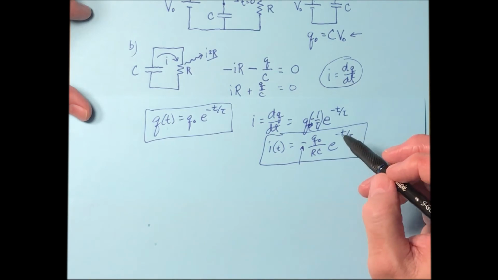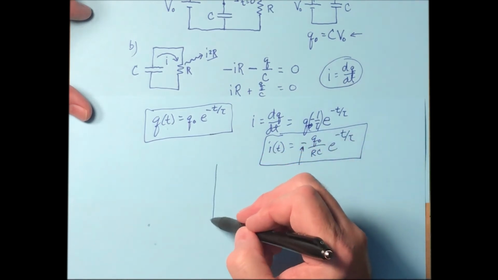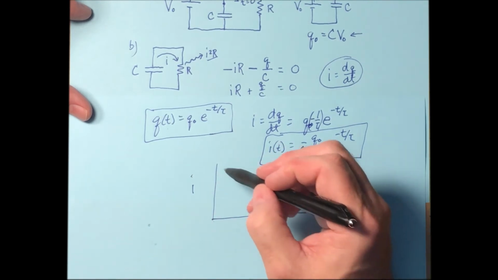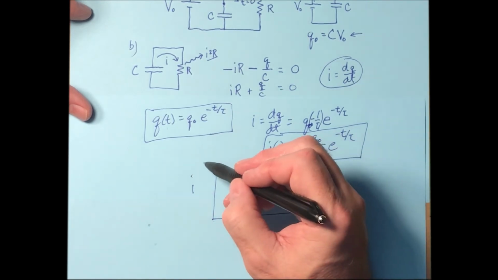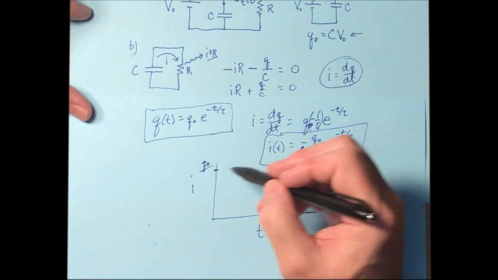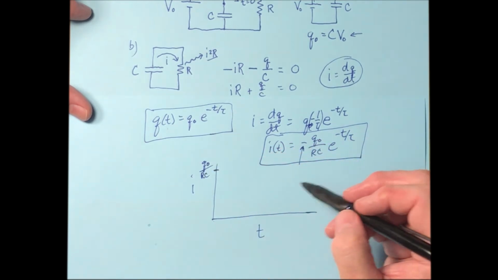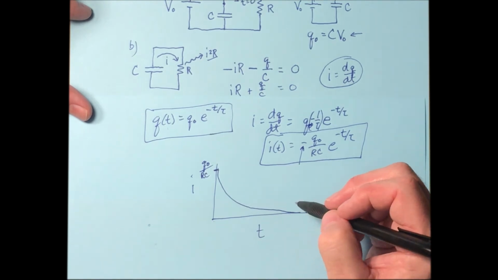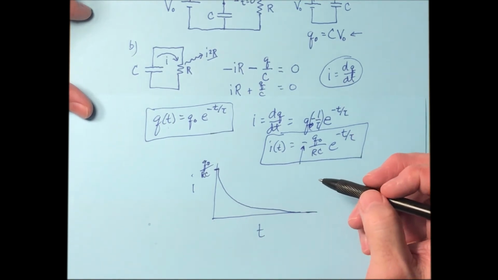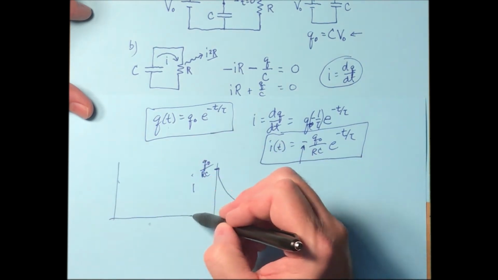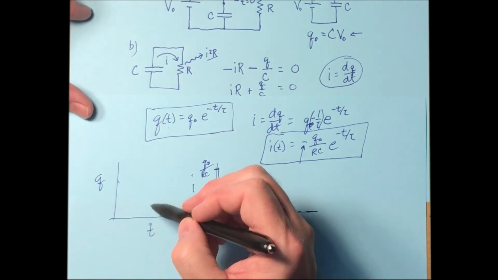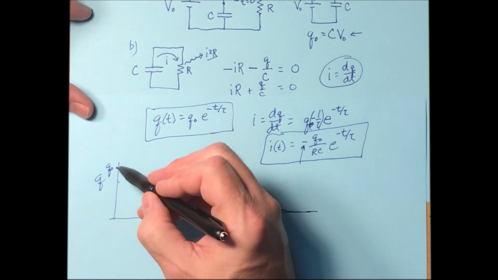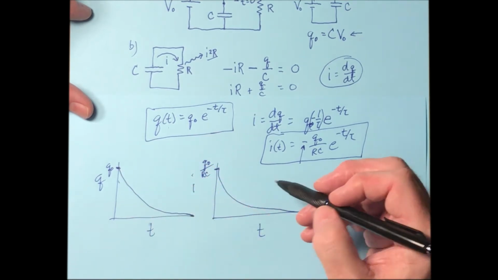The equation is going to look the same. So if we have the I versus t, the maximum value up here is going to be Q naught over RC. And then over time, it's going to decay and reach 0 in the limit because it's a decaying exponential. Now, if we did the same thing for Q versus time, you know that this is Q naught. That's the maximum value. And it decays as well.